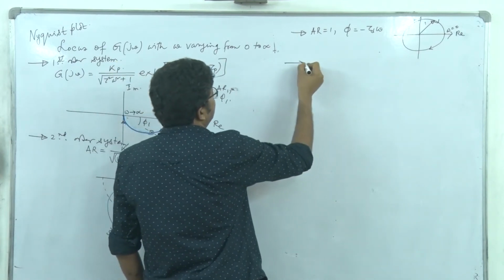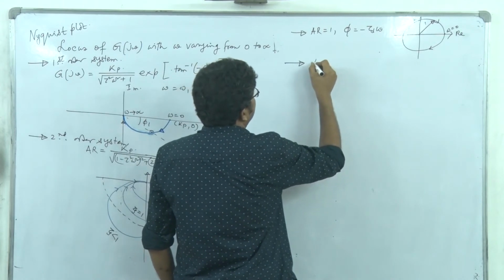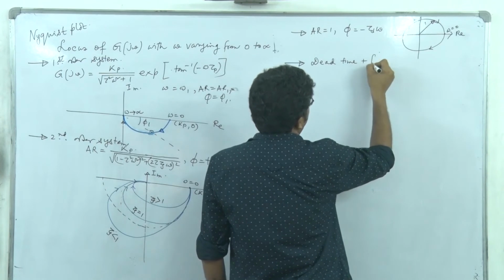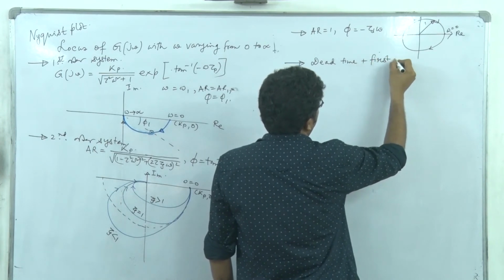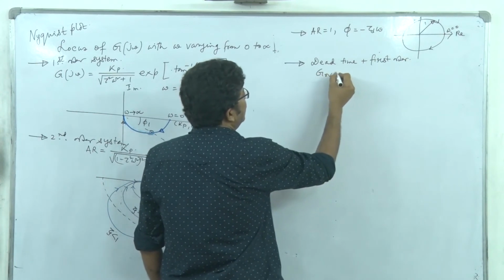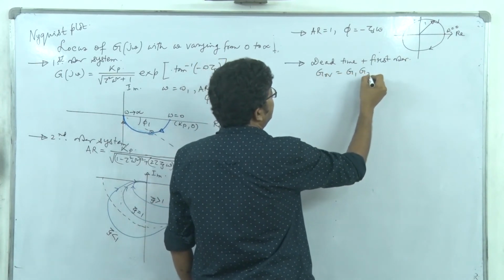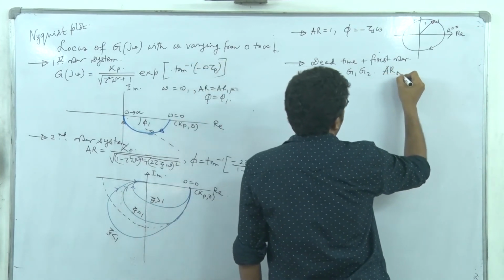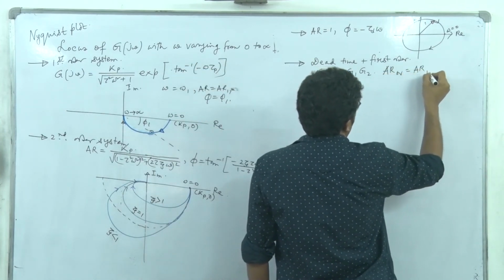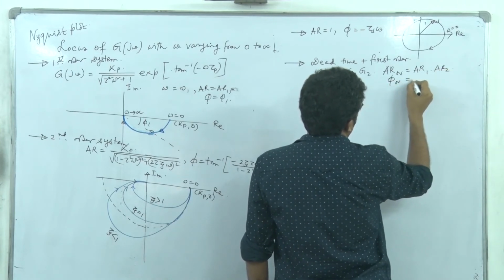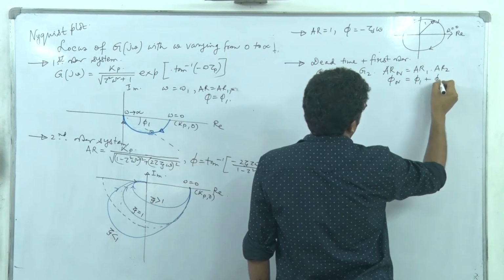Think of a multi-capacity system here, dead time plus first order, right? So G overall is equal to G1 into G2. So AR overall will be AR1 into AR2 and phi overall will be phi1 plus phi2.